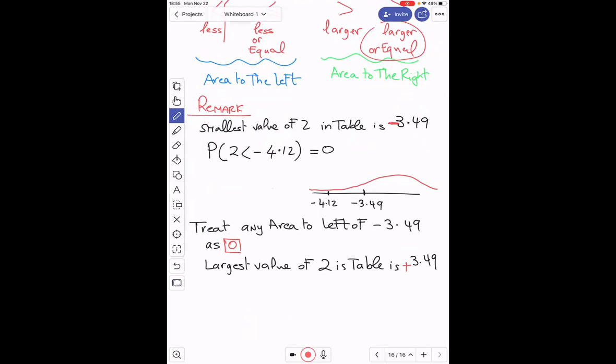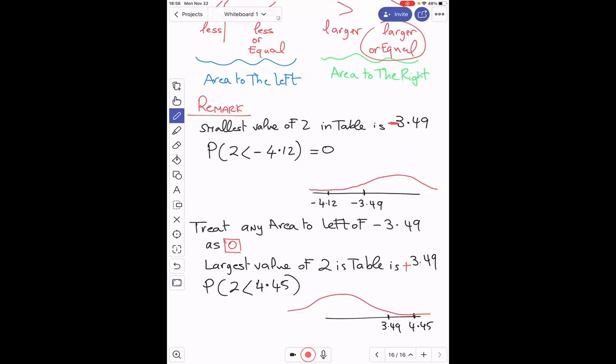So if you need the probability that z is less than, let's say, positive 4.45, which is larger than 3.49, you need the area to the left of this 4.45, which is not in the table because it's larger than positive 3.49.